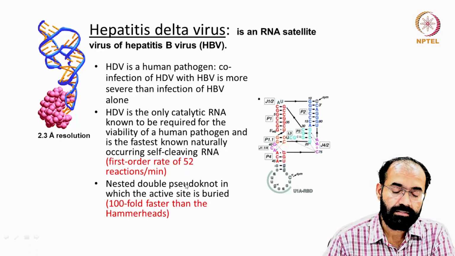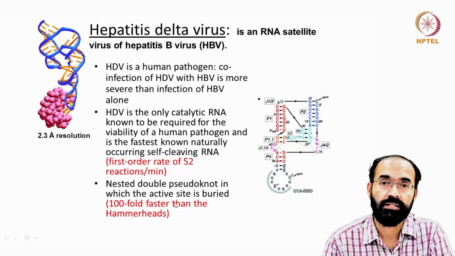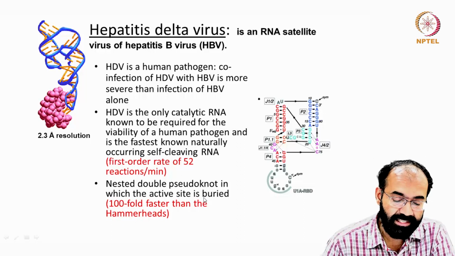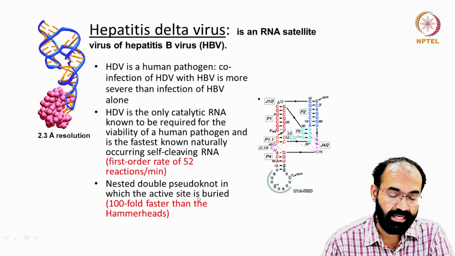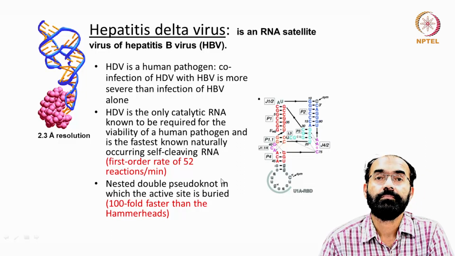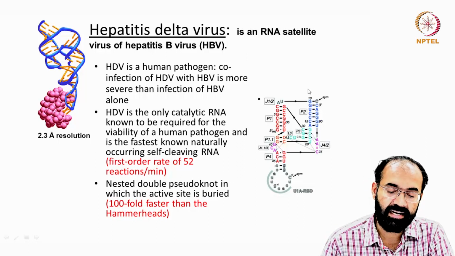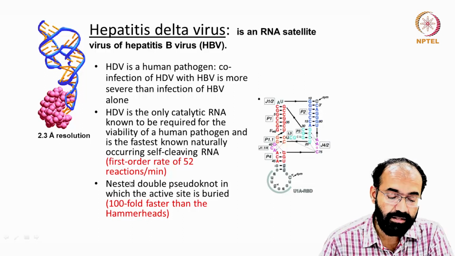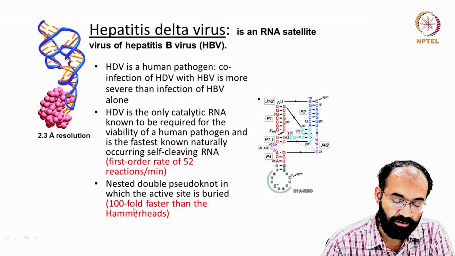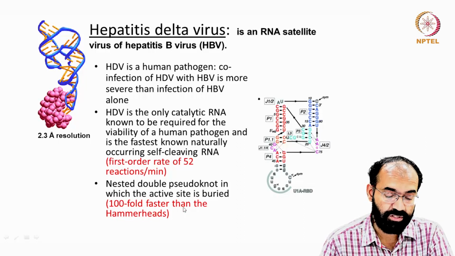And the nested double pseudoknot is the structure it follows for the breaking of the nucleic acid, in which the reactive site remains buried. This nested double pseudoknot is the structural feature, as you can see on the right hand side in this picture, and this structure allows a faster rate of reaction, roughly 100-fold faster than hammerhead ribozymes.